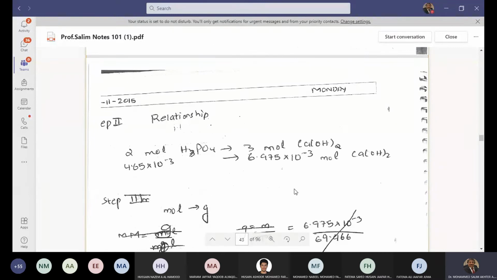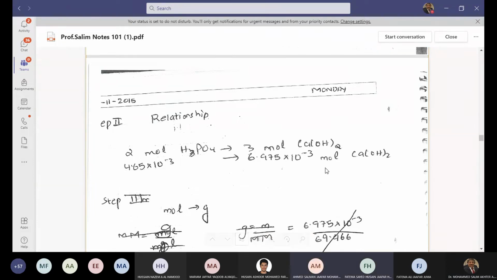Is this number correct? Is this answer correct?